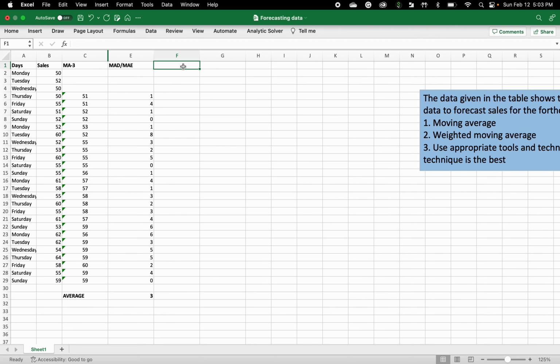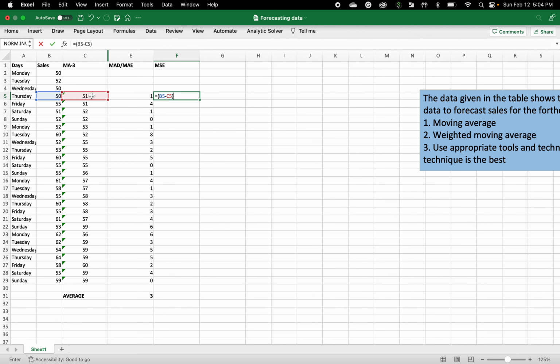Another thing that we will be doing is mean squared error. And for mean squared error, the principle is that again we will be taking the difference of these two values, which means our actual data and our forecast. So remember, this column is our forecast and column B is our actual data. So in this case, I will take difference of 50 minus this value of 51.